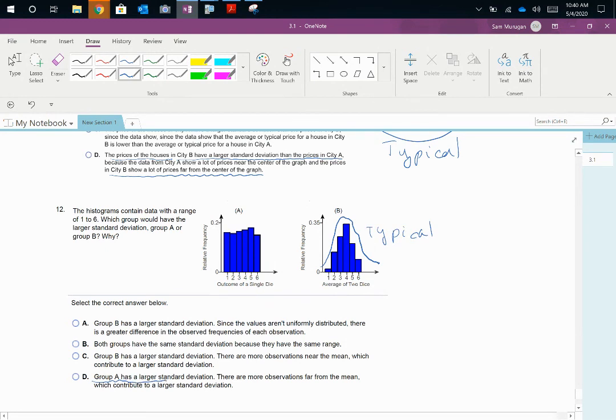So group A would have a larger standard deviation. That would be your correct answer. There are more observations far from the mean. None of the other answers have group A. This has group B. This has group B. But the larger standard deviation would be the one that is not typical.